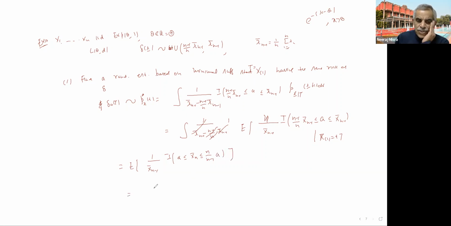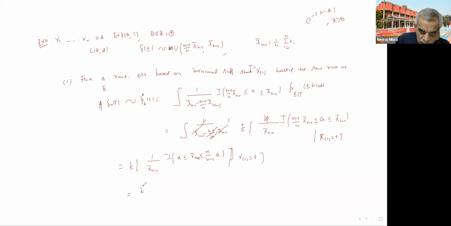I again try to use Basu's theorem, so I need to get some ancillary statistic, because here x1 is given to be t. So you can make here x bar n minus 1 minus x1.